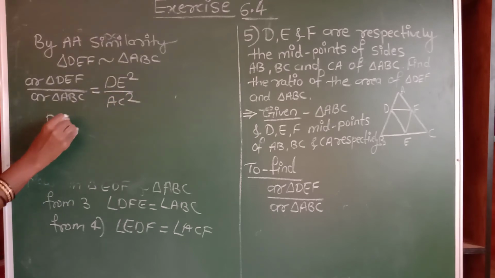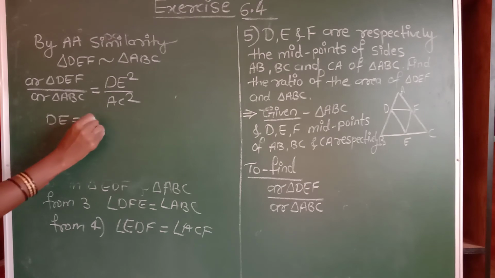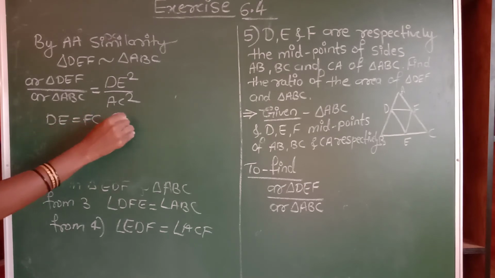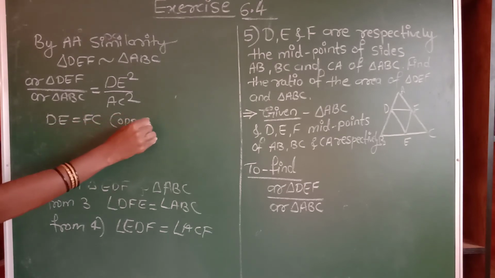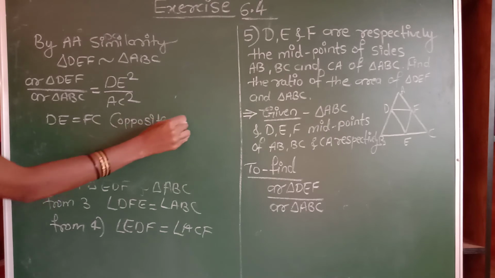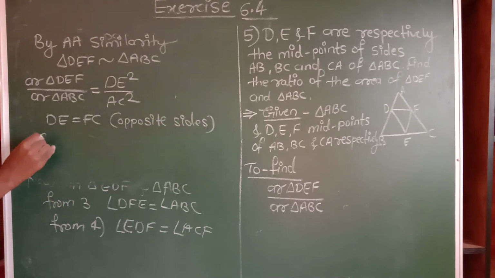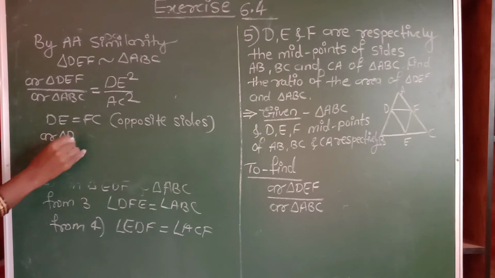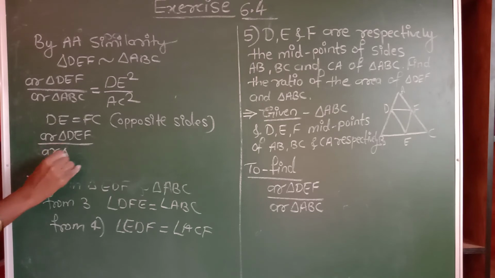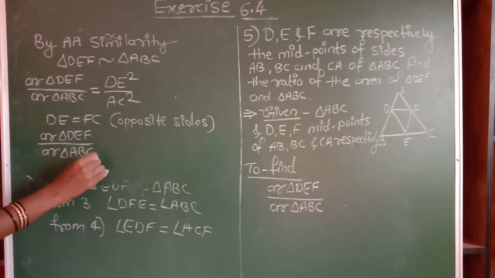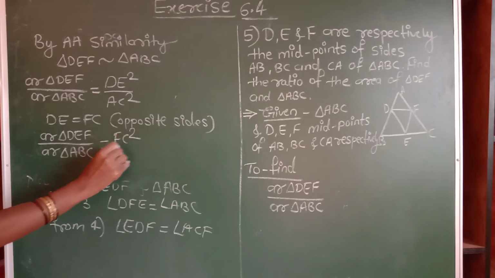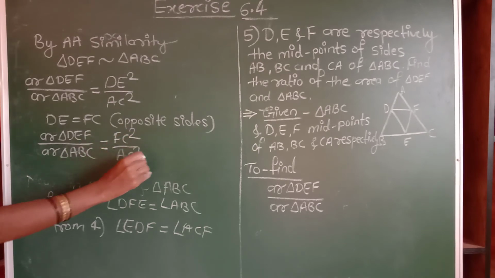So here DE is equal to FC, opposite sides. So area of triangle DEF divided by area of triangle ABC is equal to FC square divided by AC square.